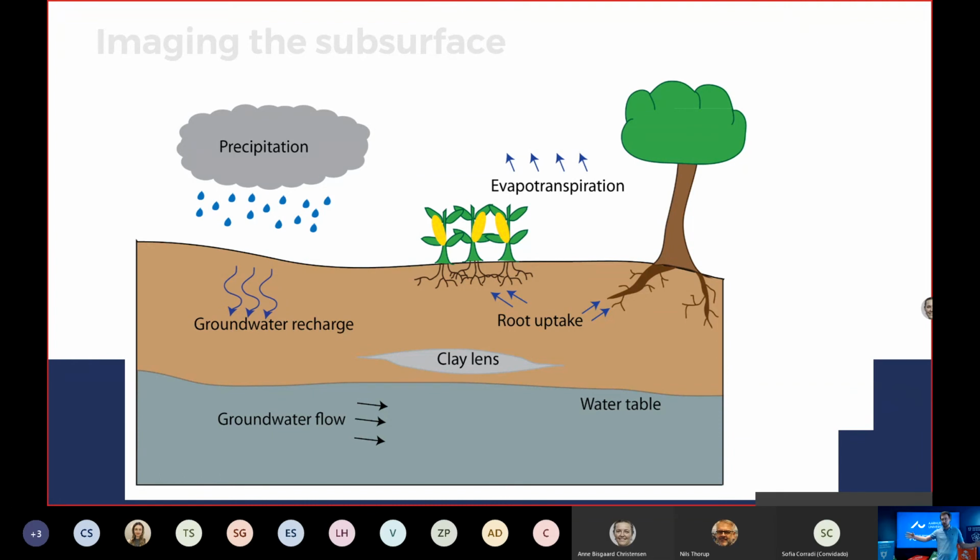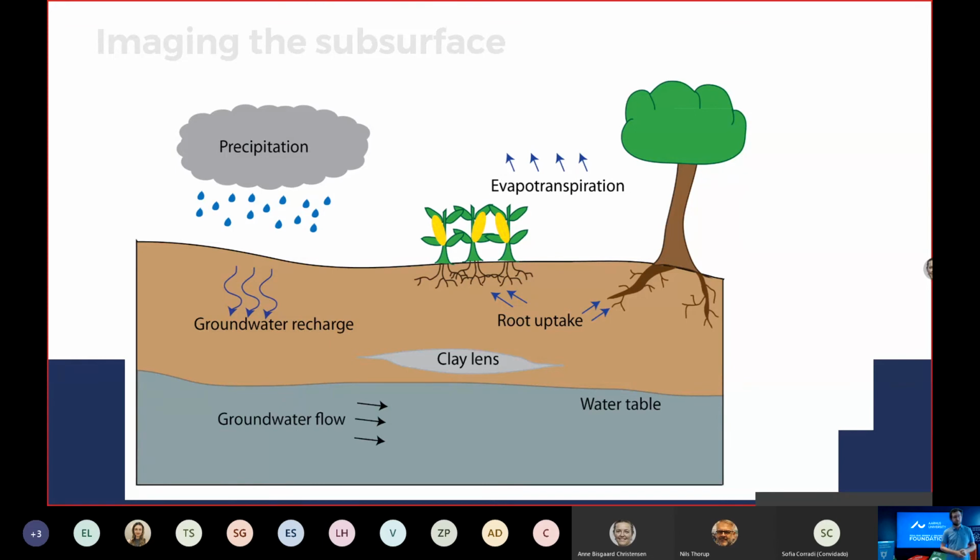What's its regional extent? How connected to regional systems is it? We're also interested in better understanding where there are barriers to flow, clay layers, or potentially highly fractured zones. We're also trying to quantify physical properties like water content, which gives us insights into the total water present at depth, or things like permeability that give us insights into how well water can flow. All of this kind of information is really key when you're trying to build out your conceptual understanding of what the local groundwater systems may be.